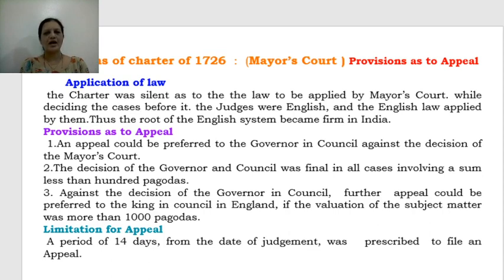Number 3, against the decision of the governor in council, a further appeal could be preferred to the king in council in England if the valuation of the subject matter was more than 1,000 pagodas. So, only in exceptional cases were appeals allowed to the king in council. Limitation for appeal: a period of 14 days from the date of judgment was prescribed to file an appeal.